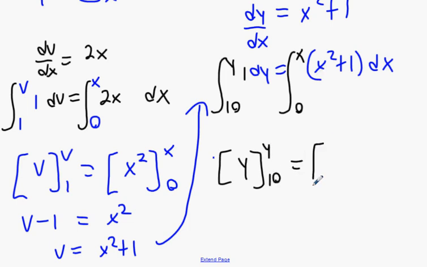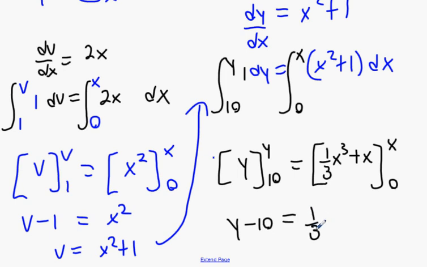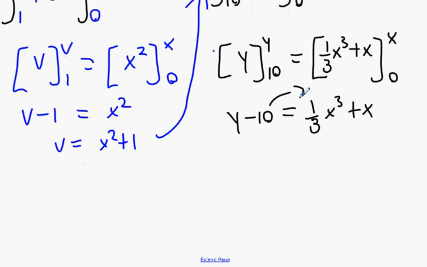When you integrate x squared, you're going to get a third x cubed, plus x from x to 0. You're going to get y minus 10 equals a third x cubed plus x. Then bring the 10 over to your side. Y equals a third x cubed plus x plus 10.